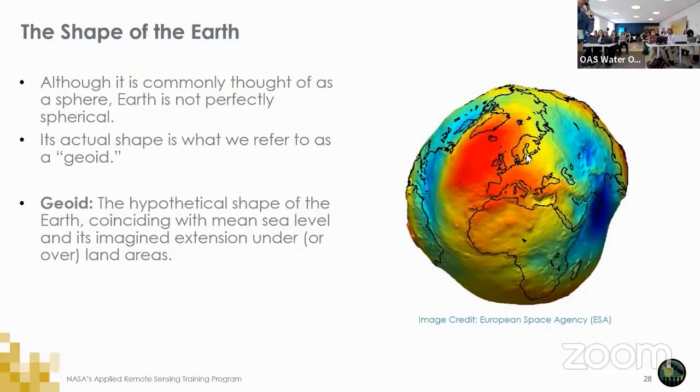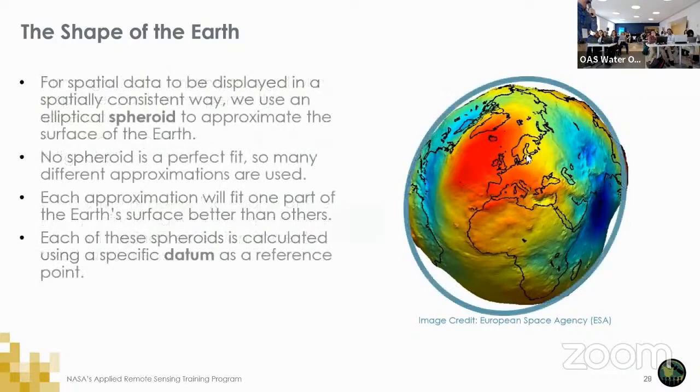It's a hypothetical shape, but what it does is, next slide, it helps us start making sense as we map the planet. Because this hypothetical construct is one thing, but we want to actually be able to create accurate maps when we work with the data. And the way that everybody does it is to fit a spheroid to that geoid. And that spheroid is very relative.